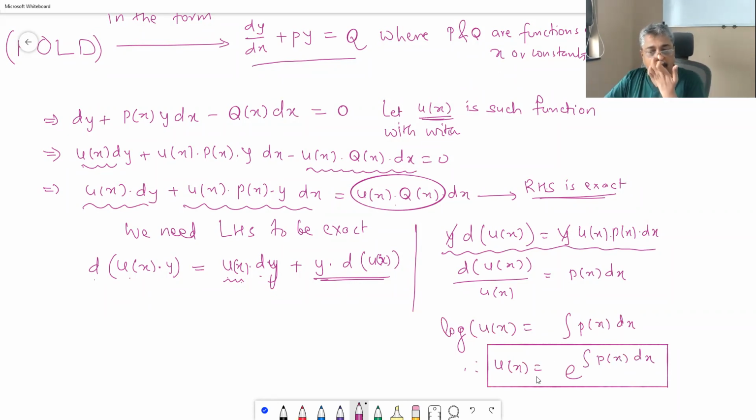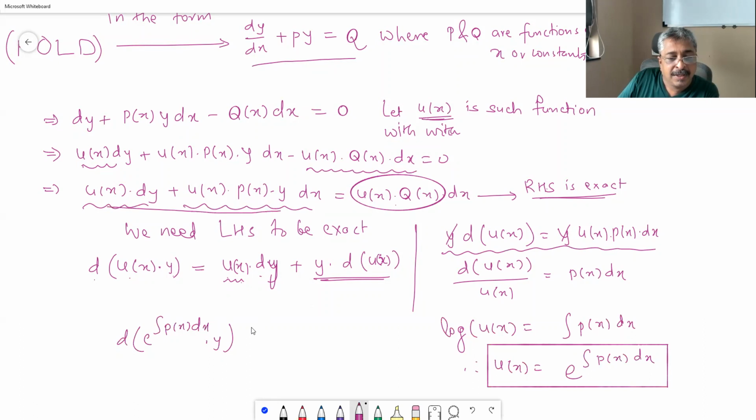And now if we get this integrating factor, u of x is e raised to integral p of x dx, then LHS is d of e raised to integral p of x dx into y.